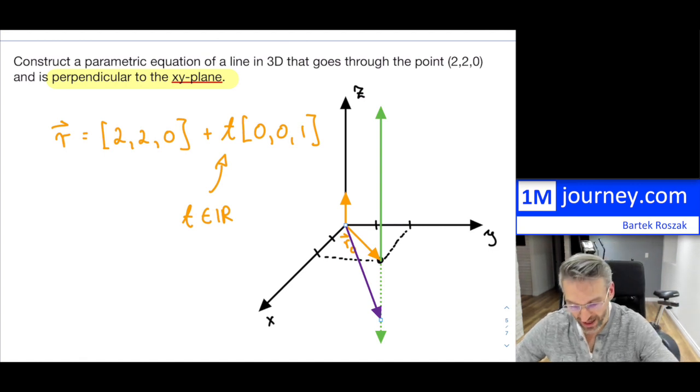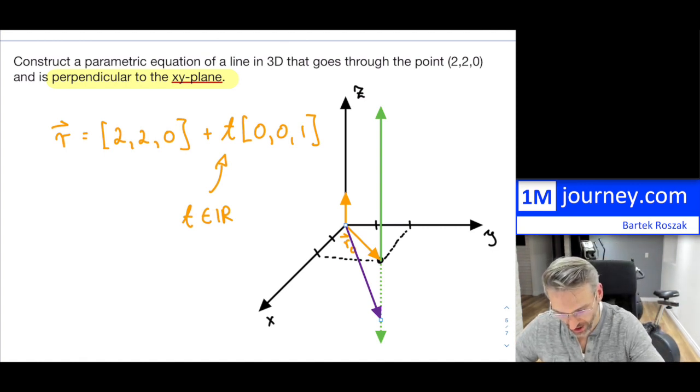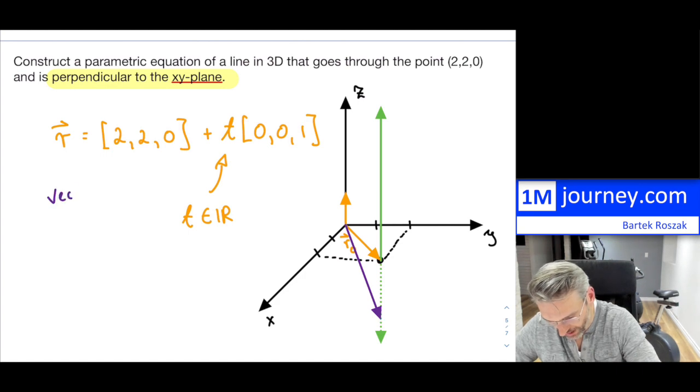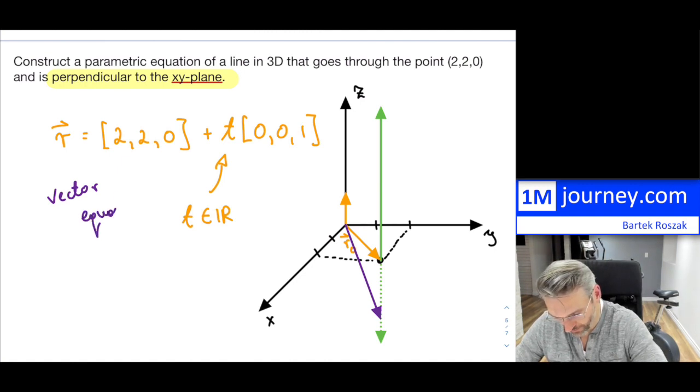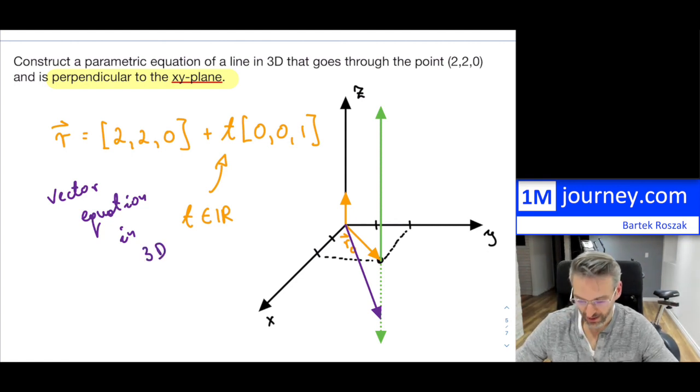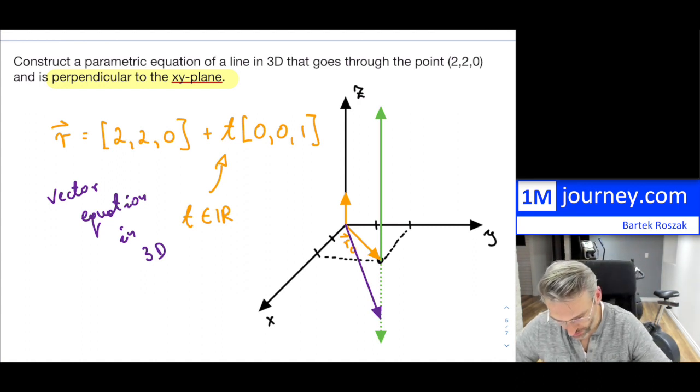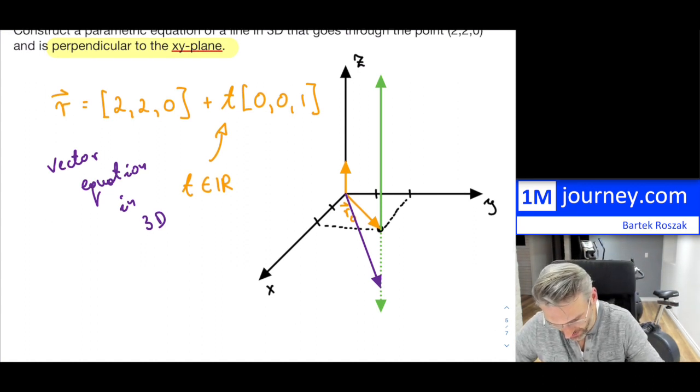Now, this would be a vector equation of the line. So this one right here, and this is in 3 dimensions. So this is the vector equation of a line in 3D. Now, if we want the parametric equation, so the parameters as we're going through, then that is actually very simple to do.